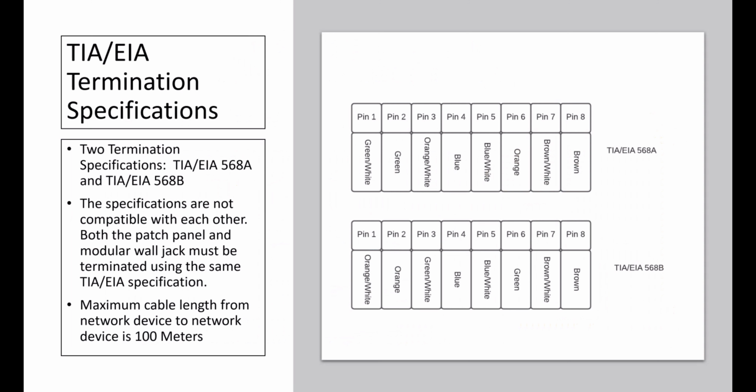Do not put a 568A wall jack with a 568B patch panel. You end up creating crossover cables. So you want to keep them 568A wall jacks, 568A patch panels, or a 568B wall jack with a 568B patch panel.